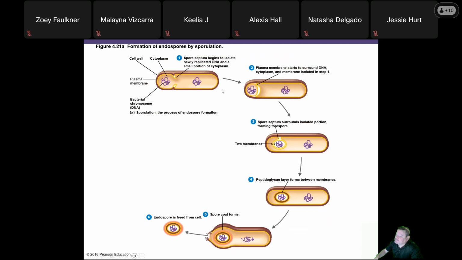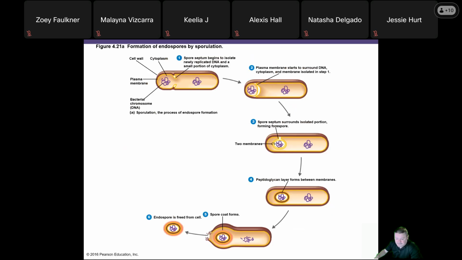Right. So, when it forms an endospore, again, the plasma membrane is going to surround the DNA, and then the spore septum surrounds the isolated portion, and then a peptidoglycan layer forms, and then eventually it will be ejected from the cell. And again, this can sit around for a long time, and I'm talking thousands of years.